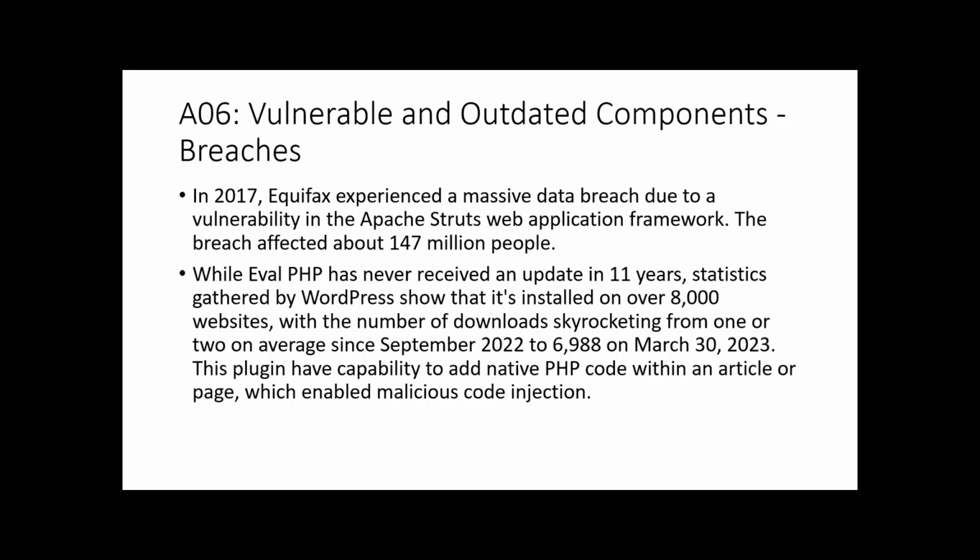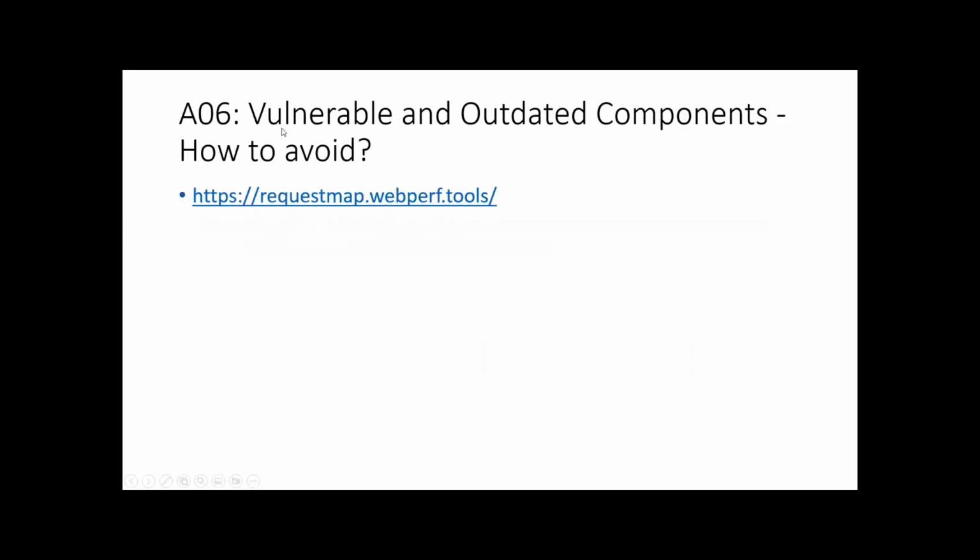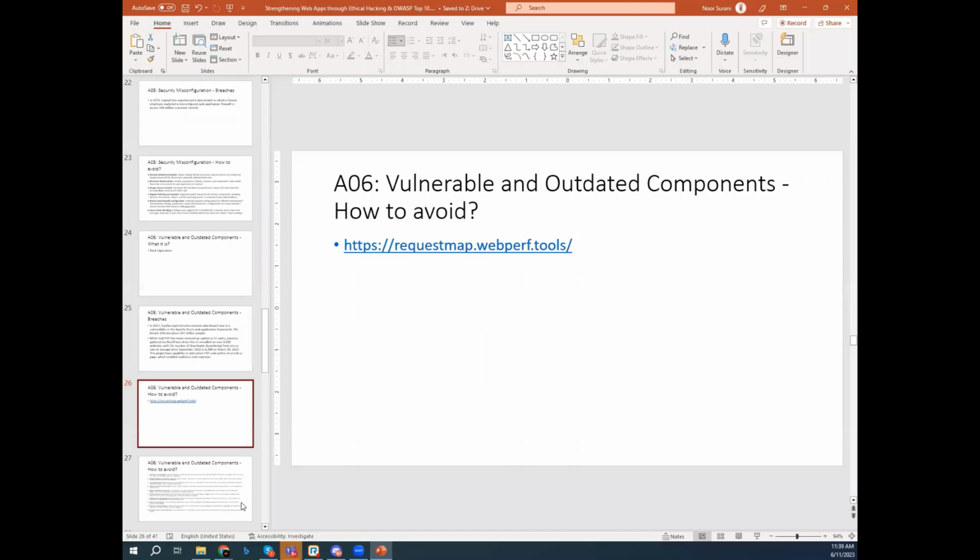So the important thing is that you should look at all the components which are vulnerable and outdated. Quite a few of us are using jQuery and common functionality, and I wanted to show you another thing.